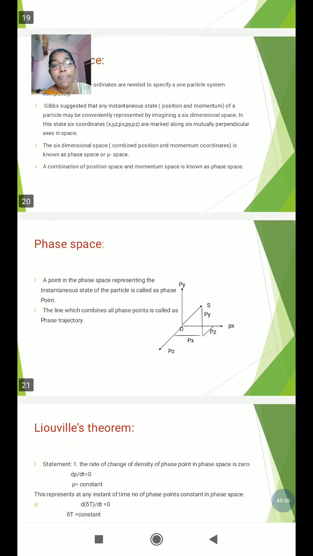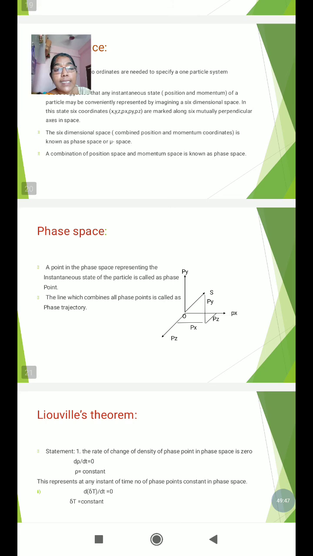Let us see here. In this diagram, in this graph, S is the point. Let us assume S represents the instantaneous state of a particular particle. A point in the phase space representing the instantaneous state of the particle is called a phase point.